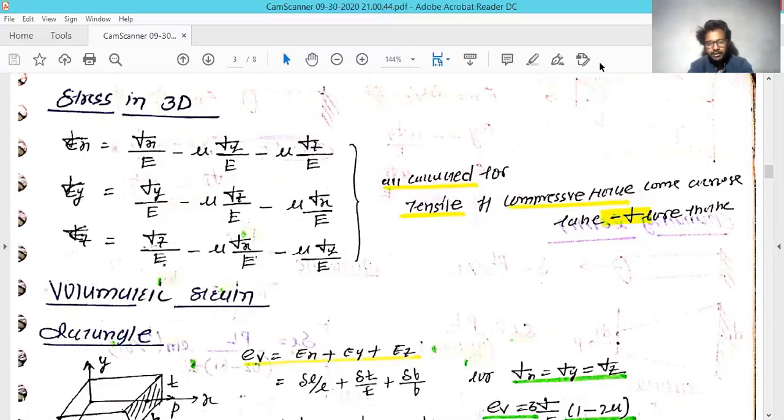Now these are the concepts we have to use in real life applications. In real life applications, there are many types of cross section, like circular, rectangular, conical, and many more shapes. These are the applicable shapes we have seen in day to day life.